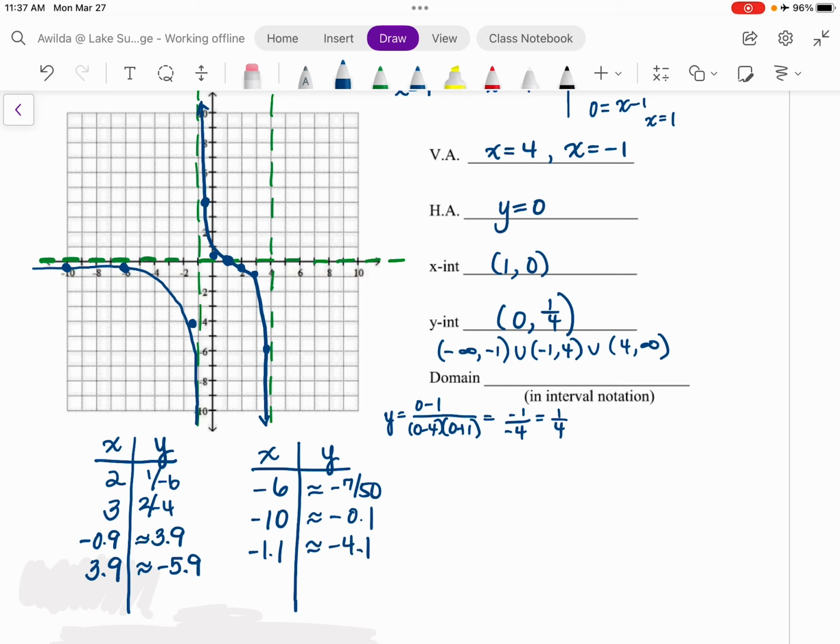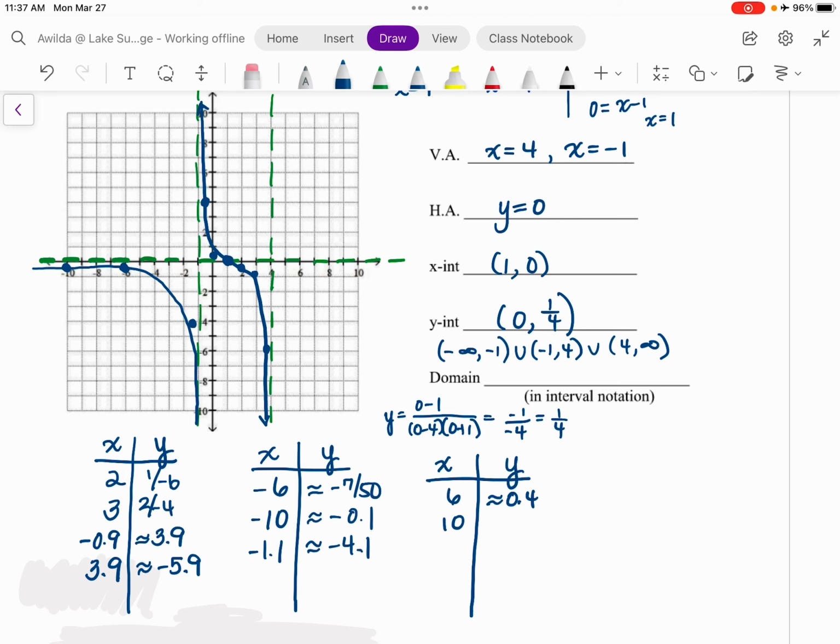Finally, I want to find out what the graph is doing in the right two regions. So I'm going to pick some x values that will help me predict what kind of branching action is present. So I'm going to pick values like positive 6 and positive 10 for x. When x equals 6, I get a y value of approximately 0.4.